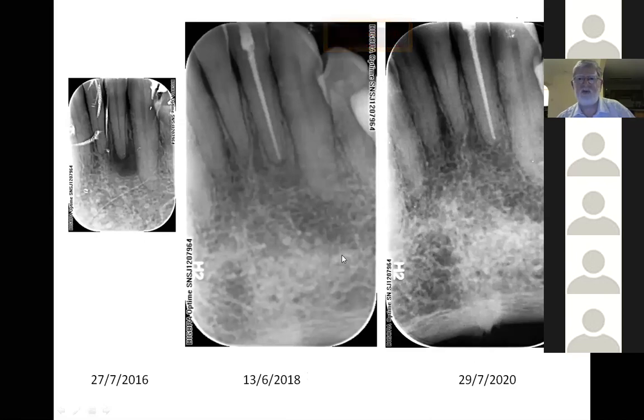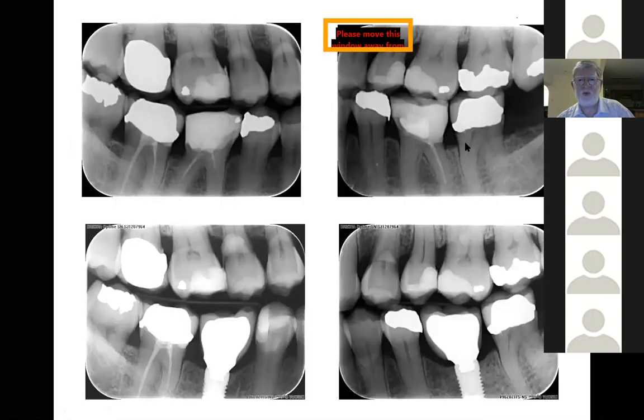You can see further consolidation of this area. There was just slight thickening of that periodontal ligament space and some further improvement there. So this patient's done well, going from one to the other. Okay, interesting things here. How not to do dentistry, maybe.